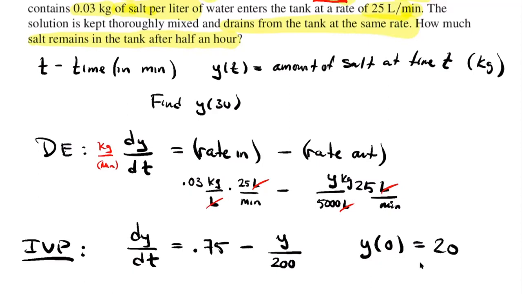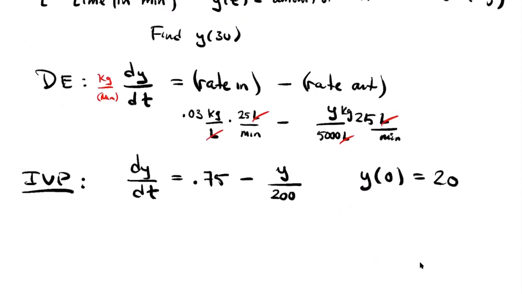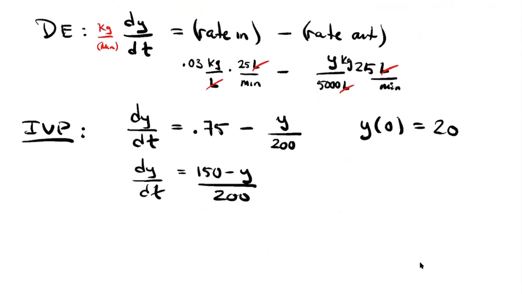Cool. You can rewrite this getting a common denominator. You can write this as 150 minus y over 200. And I'm going to do that so that when I separate this equation, I've got a fraction. So I've got dy over 150 minus y is 1 over 200 dt.